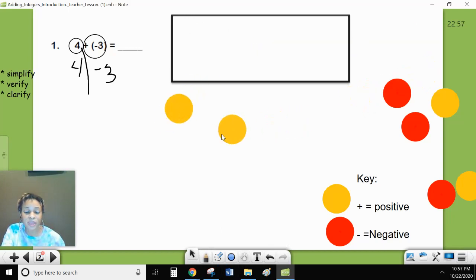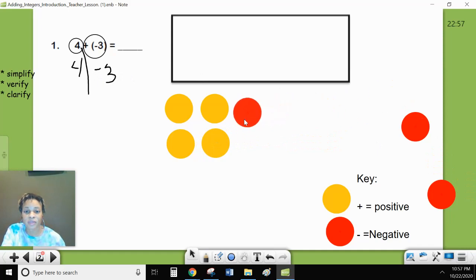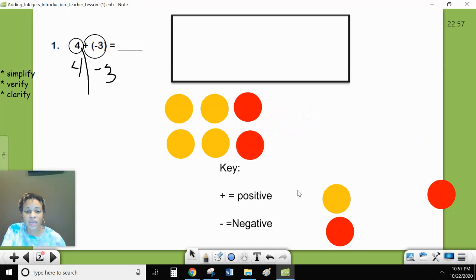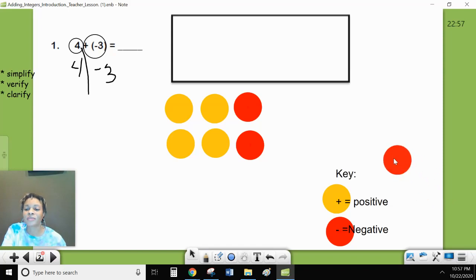So let me put it here, not in the mat. 4 positives. And then I have the opposite of 3, which means red, negative 3. So I'm going to combine 3 reds. And I'm just going to line these up with the yellows, and you'll see why in a second.